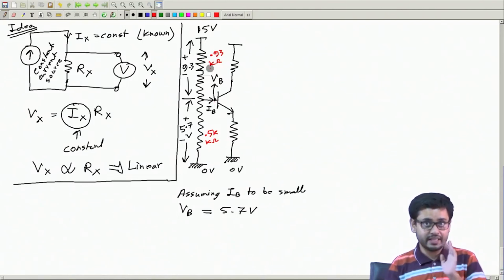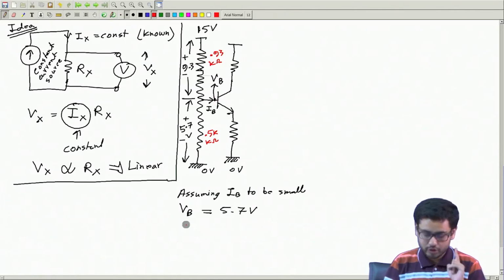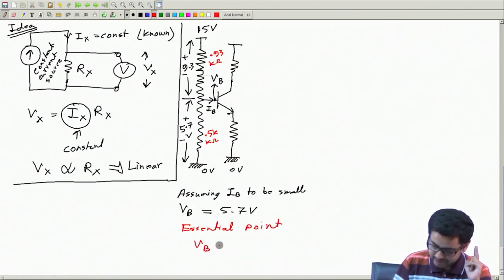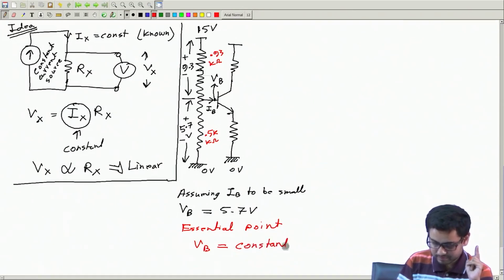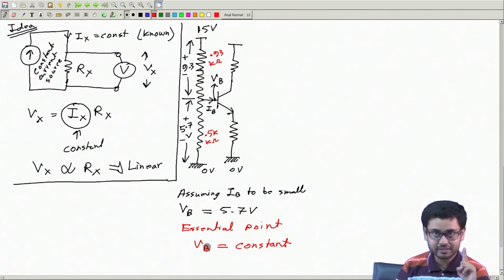So the point here essentially is this voltage is a constant voltage. Okay, so the essential point is VB is constant. Using this potential divider, I have to make sure of that. So I have a constant voltage VB.